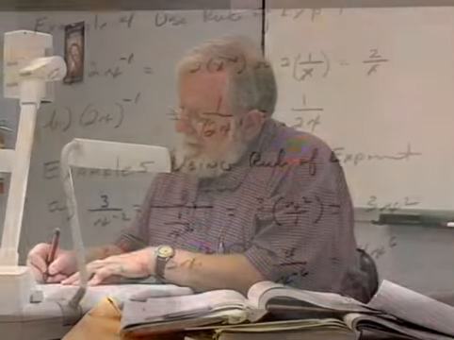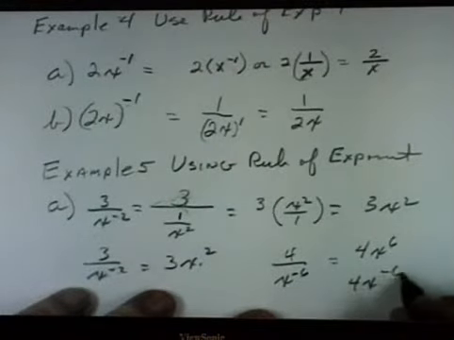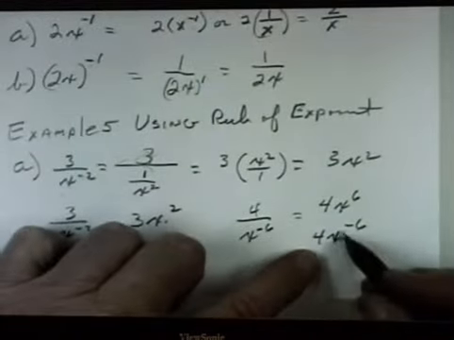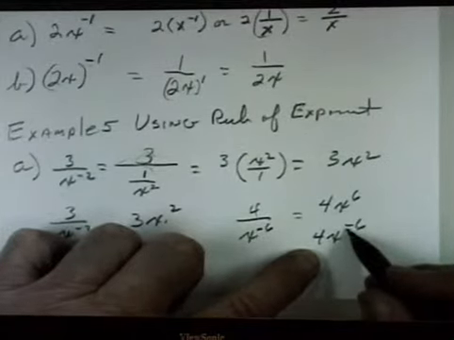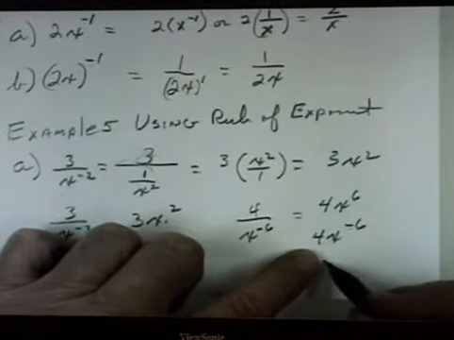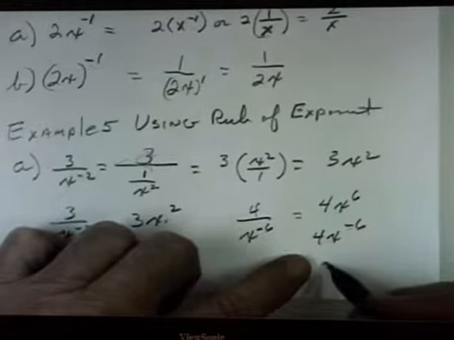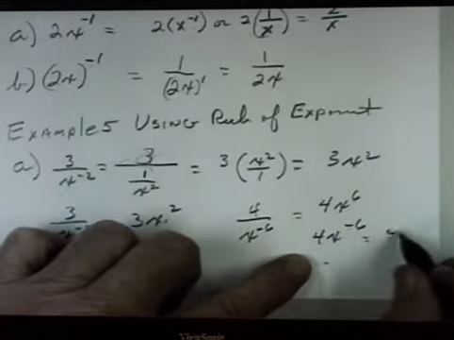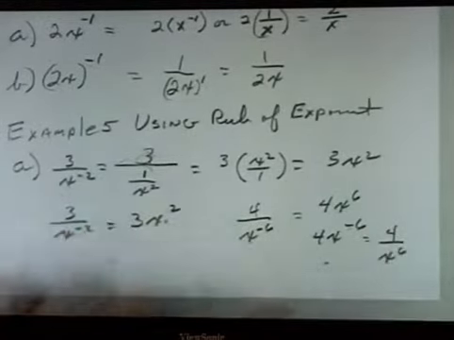If you have 4x to the minus 6th, you can make this a positive integer exponent by bringing it into the denominator. So this would be 4 over x to the 6th. Okay, if you have a negative, you just move it up or down, and it becomes positive. You'll get the hang of that, I'm sure.